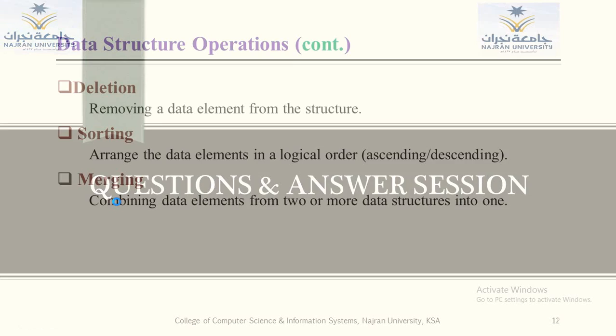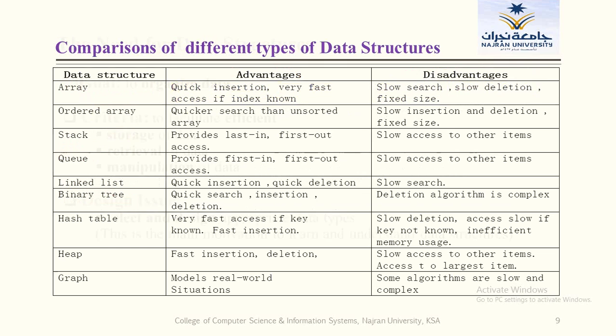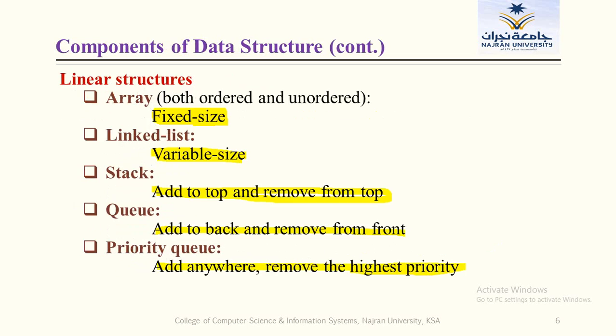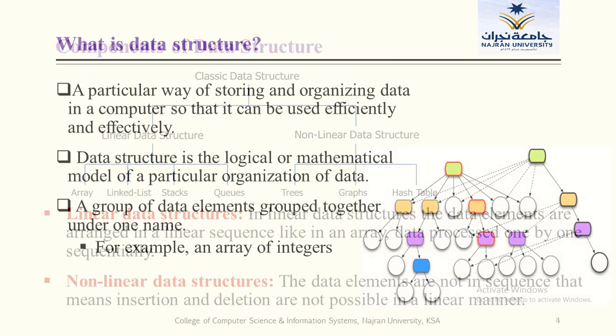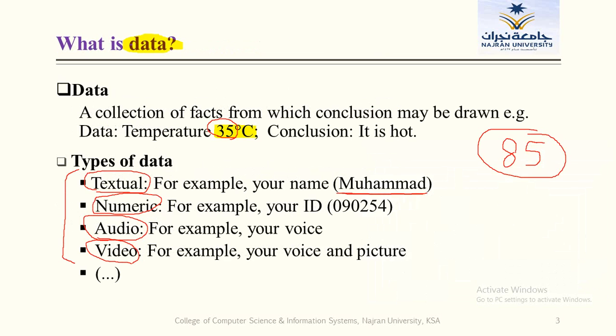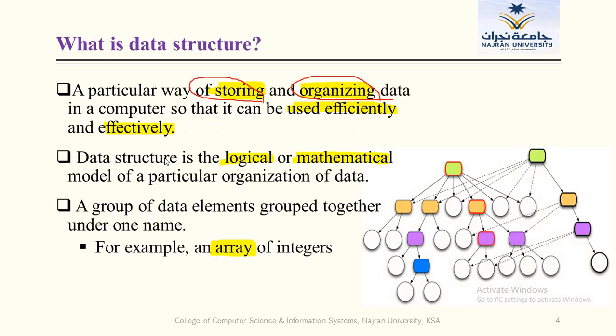So just a brief overview of today's lecture, of what we have studied. What is data? We said that it is a collection of facts from which conclusions may be drawn. We have different types of data: textual, numeric, audio and video.